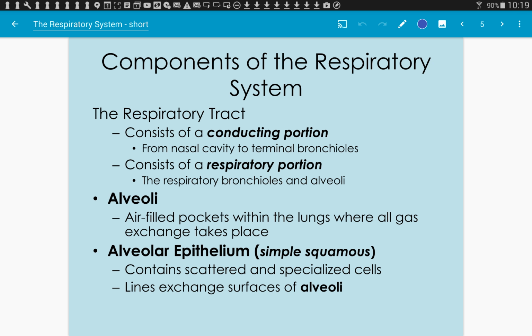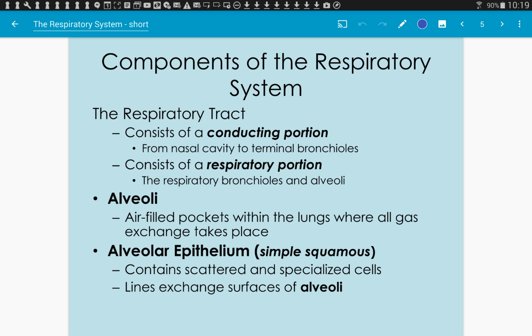Okay, so in the respiratory tract, you can divide the tubes that are carrying gas, whether it's oxygen or carbon dioxide. It's going to have a mix of other things, whatever is in your environment, like nitrogen, which is another gas you're breathing in all the time.